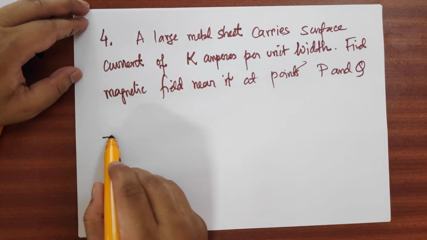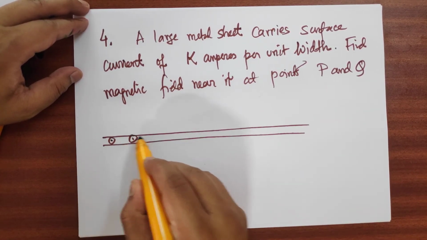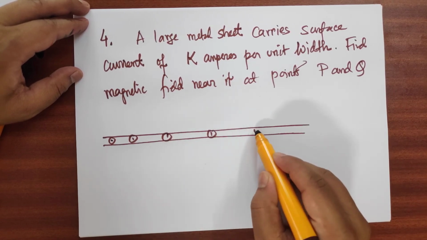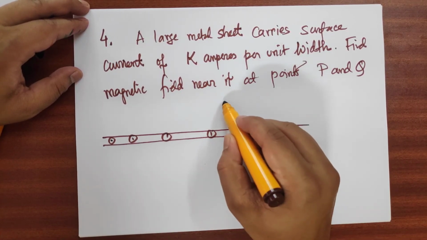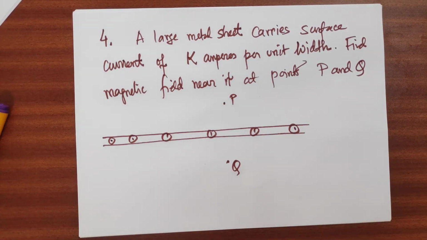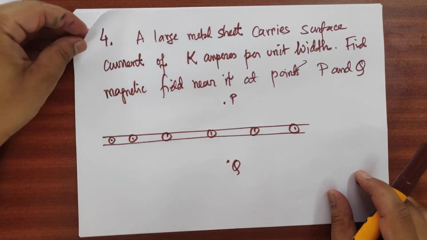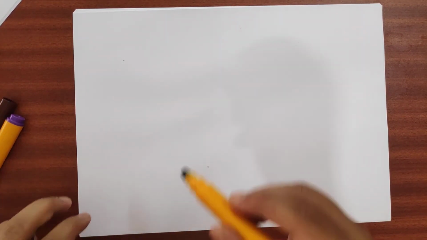See, this is the infinite metal sheet and it carries current this way. So here is P and Q. Did you follow where the current is flowing? If there is a slight difficulty in following, I'll try to draw a 3D diagram of the same.